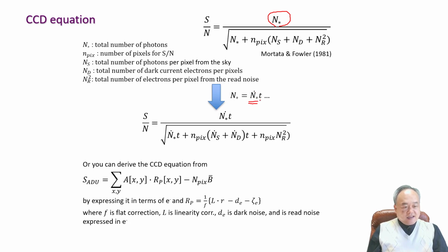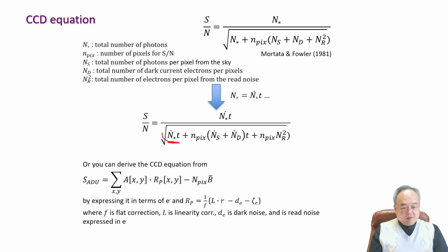So the total recorded count from your source over the duration of exposure time t can be expressed as n dot multiplied by t. Then the first term in this CCD equation is basically the square root of the source count.